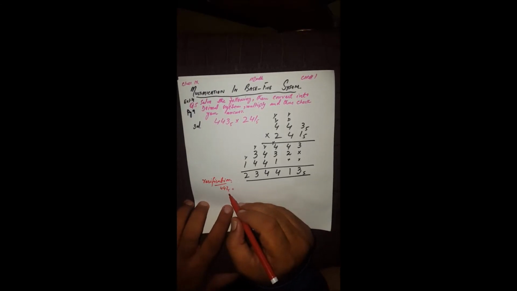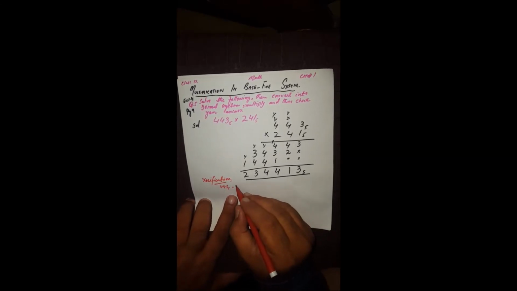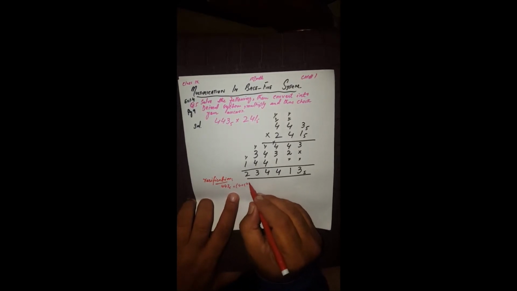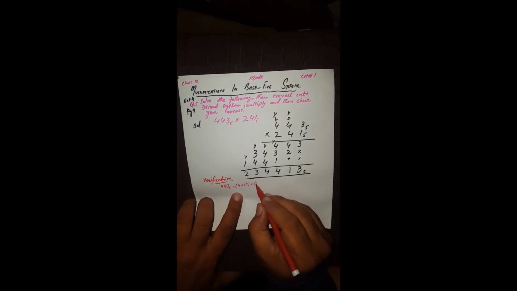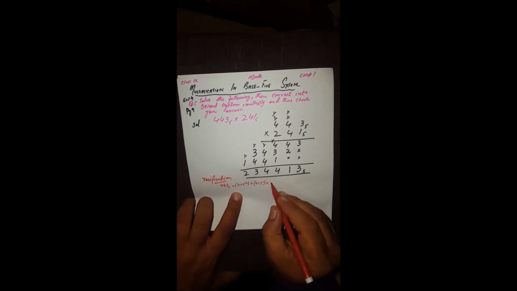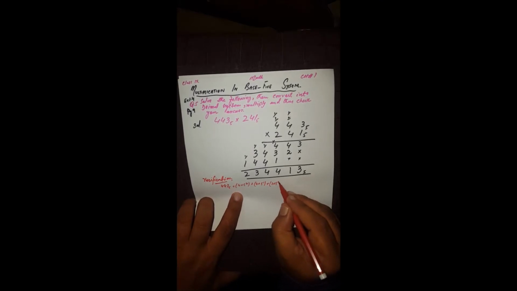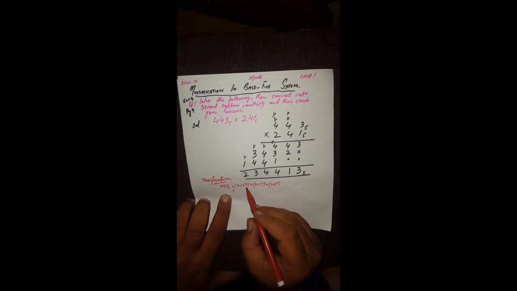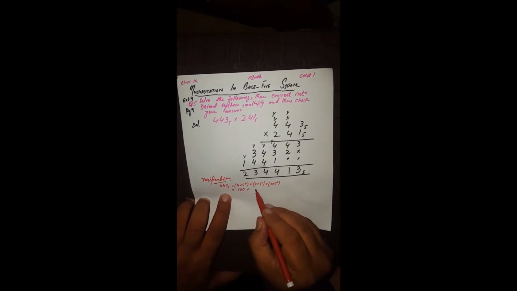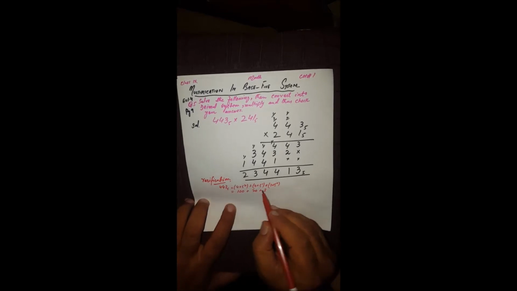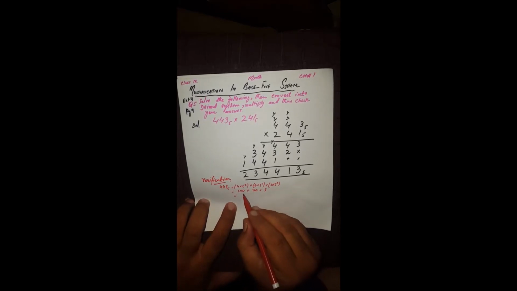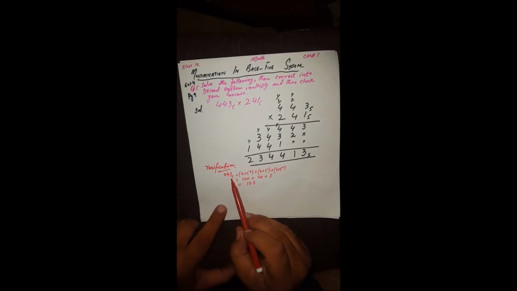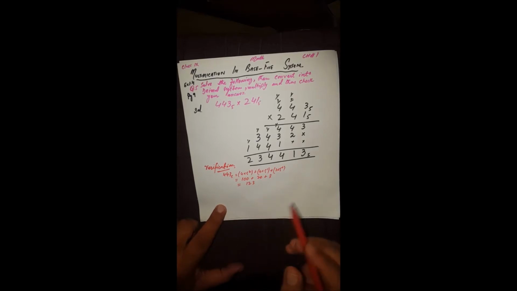We convert it by expanded form: 4 multiplied by 5 power 2 plus 4 multiplied by 5 power 1 plus 3 multiplied by 5 power 0. Simplifying these brackets, that is equal to 100 plus 20 plus 3. By adding these numbers, the answer is 123. The number 443 in base 5 is equal to 123 in decimal.